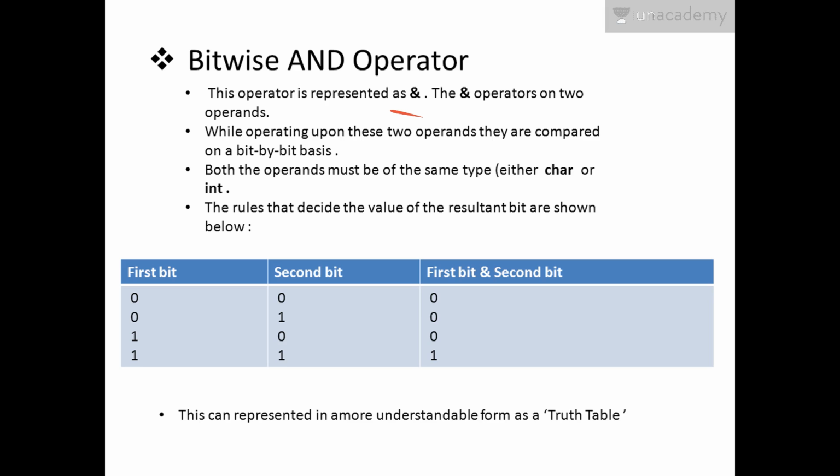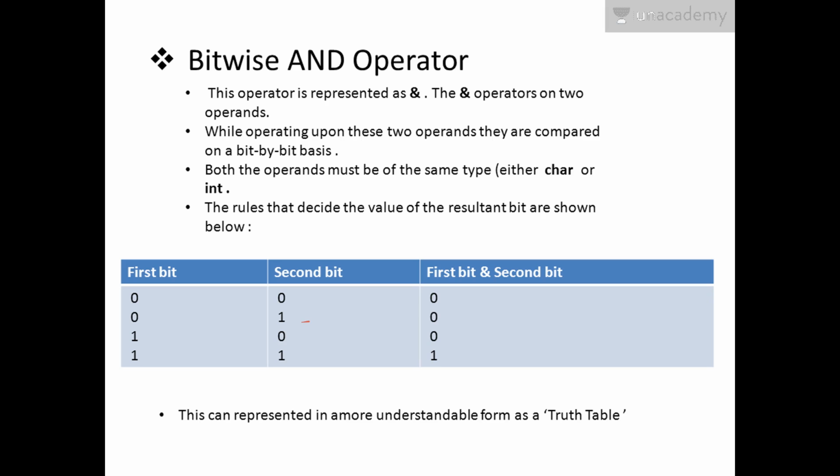For example, on the right side I have 2 bits, and on the left side I have another 2 bits. These bits are compared, and only then the AND operation takes place on these two operands. That is mostly the same for characters and integers. If you see the rules for bits, if the first bit is 0 and the second bit is 0, the final bit will be 0.